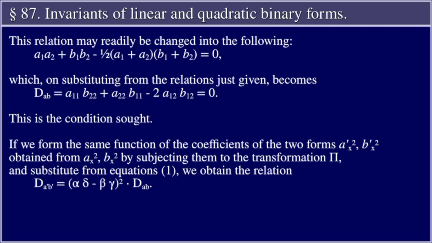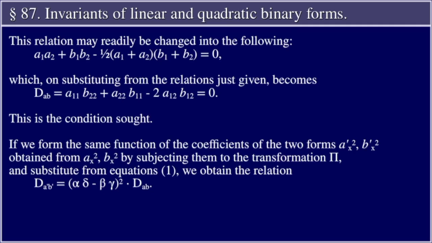Which, on substituting from the relations just given, becomes d sub ab equal to a11 b22 plus a22 b11 minus 2 a12 b12 equals 0. This is the condition sought.